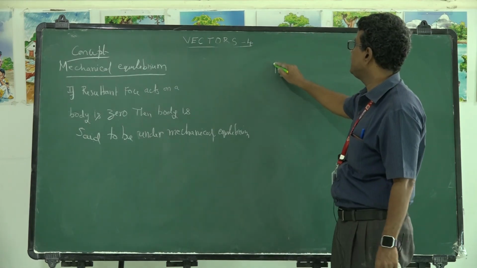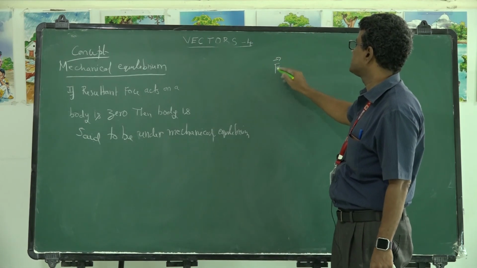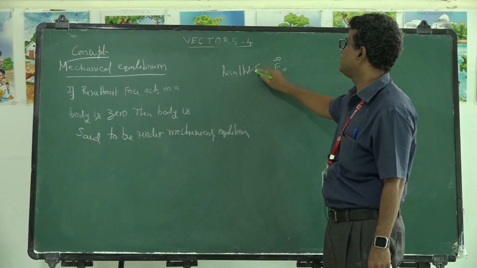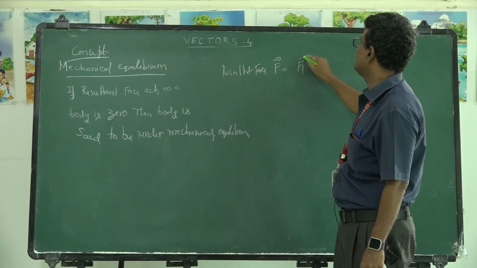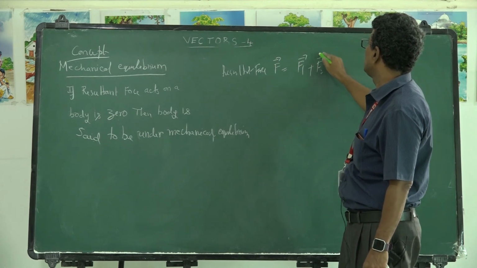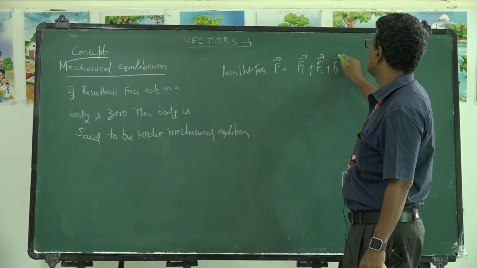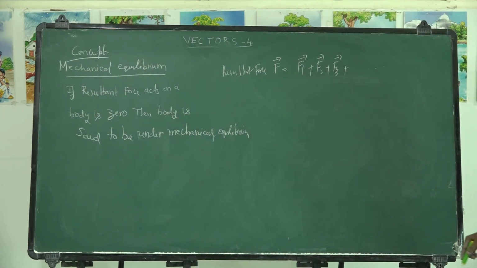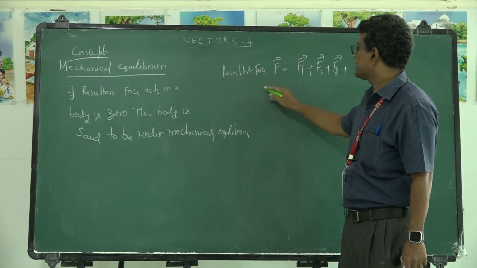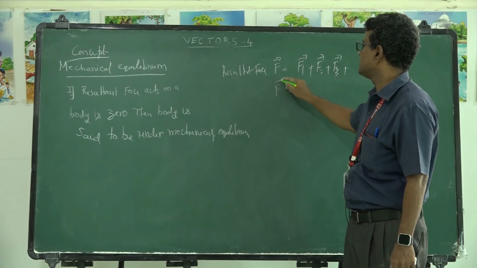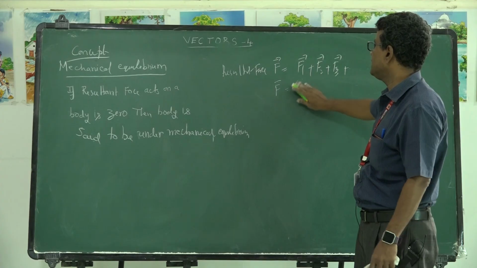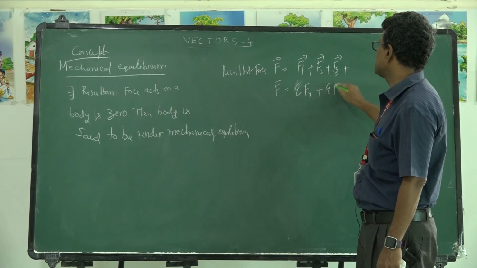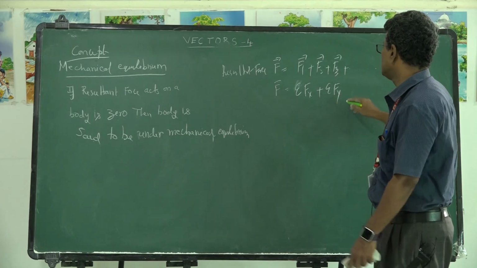That is, if the resultant force is F1 bar plus F2 bar plus F3 bar and so on, like this, there are a number of forces acting on a body. If this resultant force is zero, how can we add?